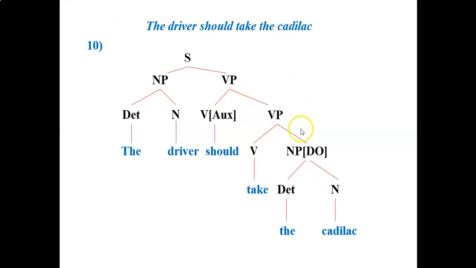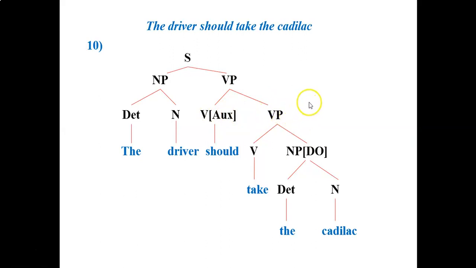So after that we come to V and NP, determiner noun. So the NP is embedded in the second VP, not the first VP, but still belongs to the second VP. So break down first from auxiliary and main verb.